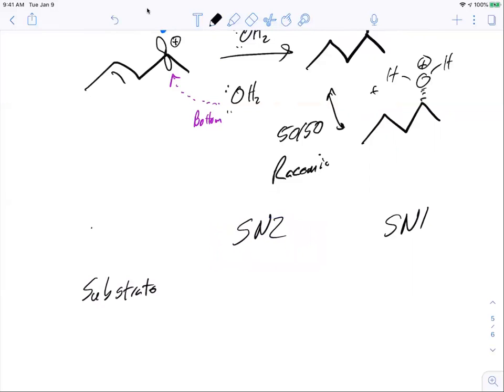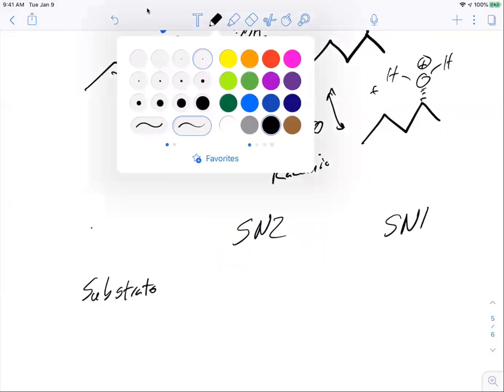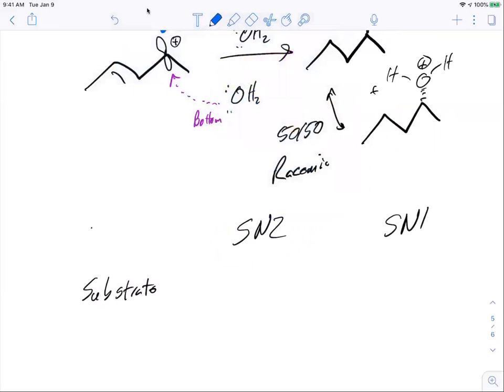So let's look at our two reactions here, SN1 and SN2. When we look at our substrate, for SN2, remember, methyl is better than primary, then secondary, and that's driven by size and steric hindrance.